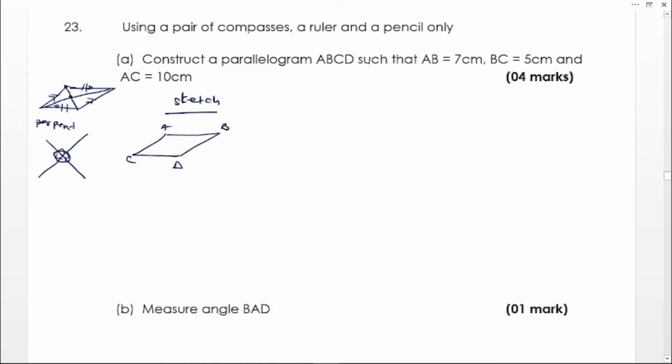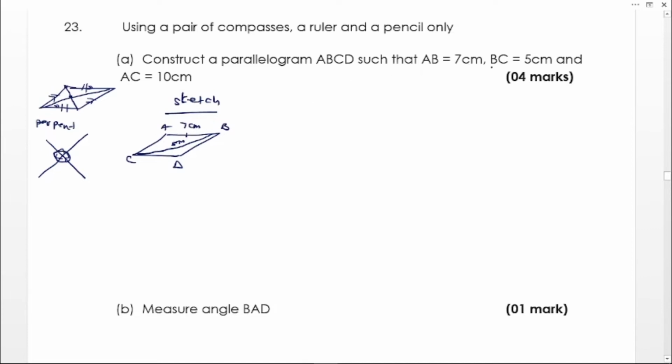Now after that, they are saying that AB is the side, and this side here is 7 centimeters. Then BC, where are you seeing BC? Now BC is a diagonal. Are you seeing that? BC is a diagonal, and it is 5 centimeters. And again, we have AB, so this is AB, and this is the diagonal.